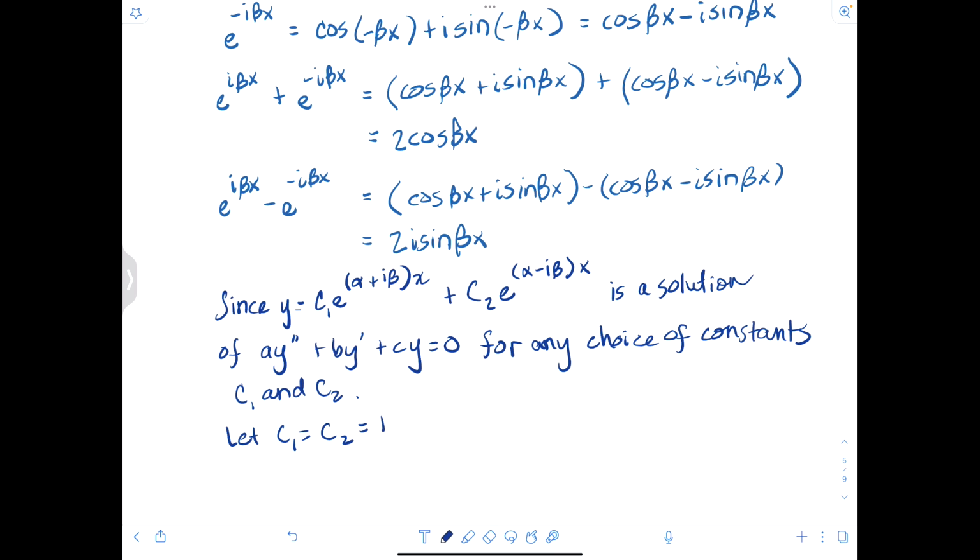And that would give us that y1 could be equal to e to the alpha plus i beta times x plus e to the alpha minus i beta times x.